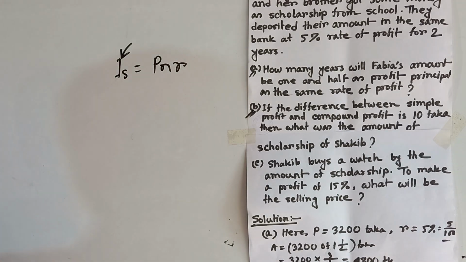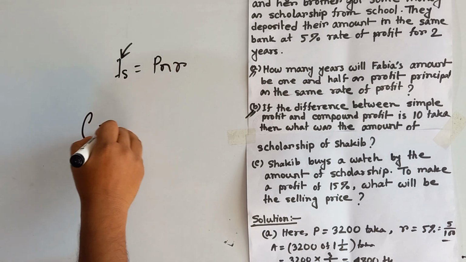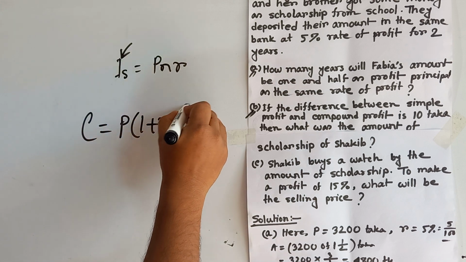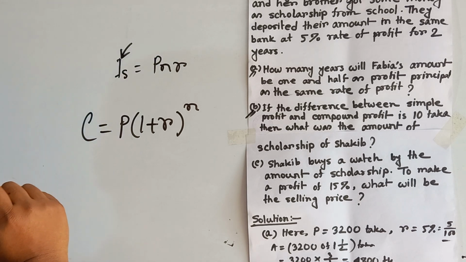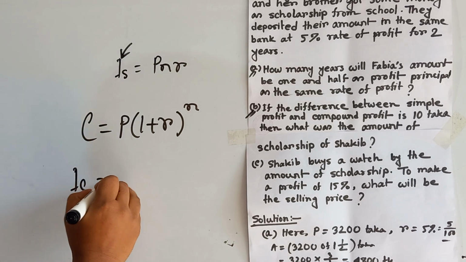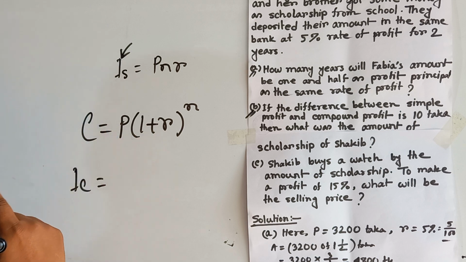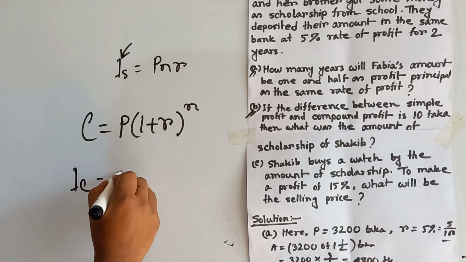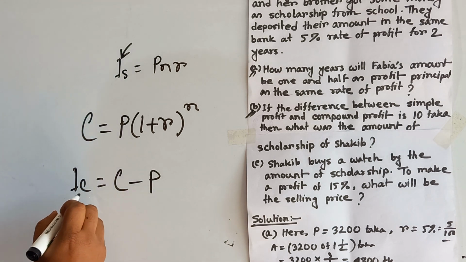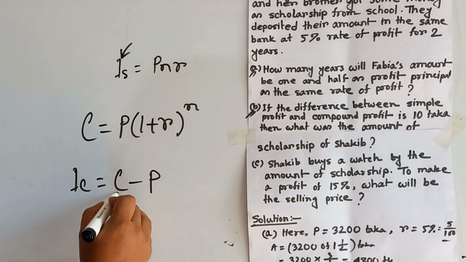Before knowing the compound profit, at first we need to know the compound principal. So what is compound principal? C equal to P into 1 plus R to the power n. This is the compound principal. When we subtract principal from compound principal, then we get compound profit, that means C minus P.